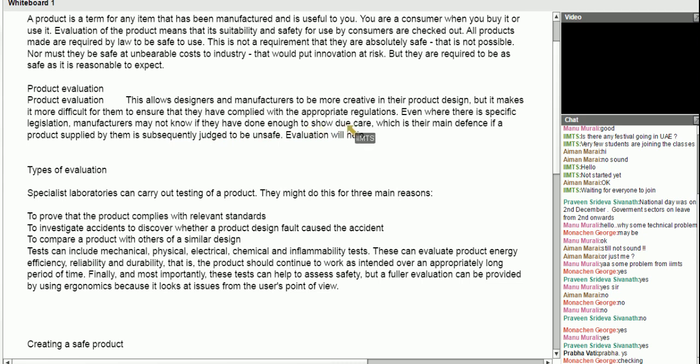So even after giving their 100% or 200% while designing the product, manufacturers are still not sure whether the product they have made is safe for customers or not, which is their main defense if a product supplied by them is subsequently judged to be unsafe. So they use this explanation as a defense. If they were cross-examined, evaluation will help. So till now, clear?